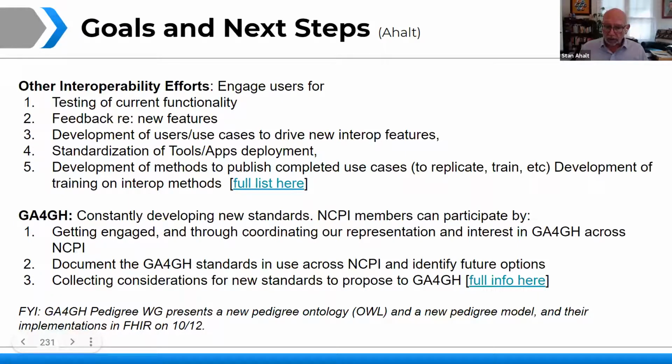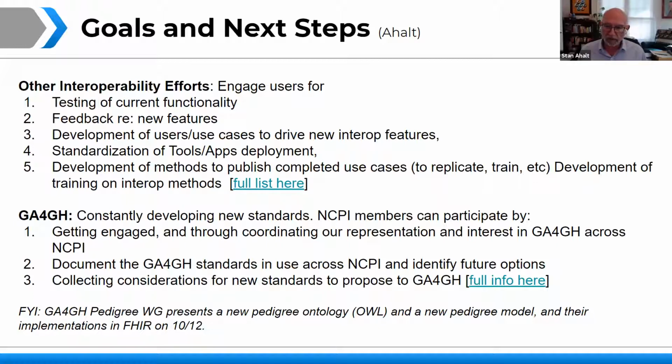So other interoperability, really interesting stuff going on in that space, engaging users for testing and current functionality, and then gathering some feedback on new features. Now that we're seeing a lot of people, I remember, I think it was as recent as a year ago, we weren't exactly sure who we could talk to who would have a good use case on using multiple platforms.